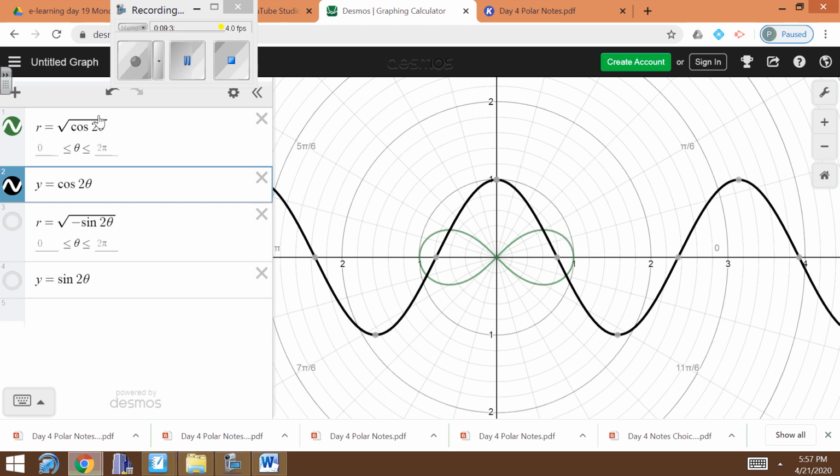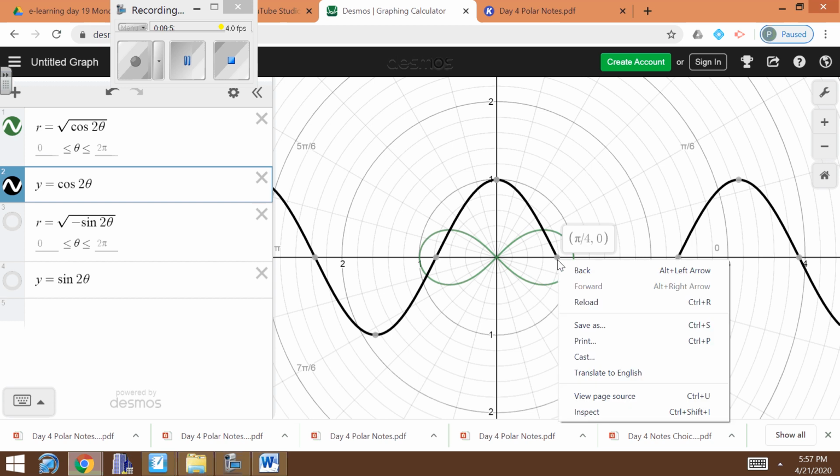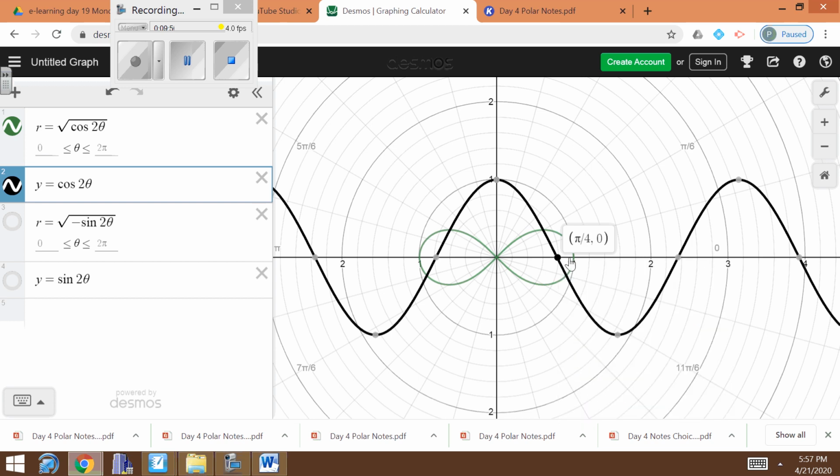So what we're doing, we're taking the square root of that value. So it actually has a little bit of a different shape than the roses that we were looking at before. But what's important here is if the r value is getting smaller and smaller, that means as I'm getting closer and closer to pi over 4, which is this line right along here, the r values are getting closer and closer to the pole.